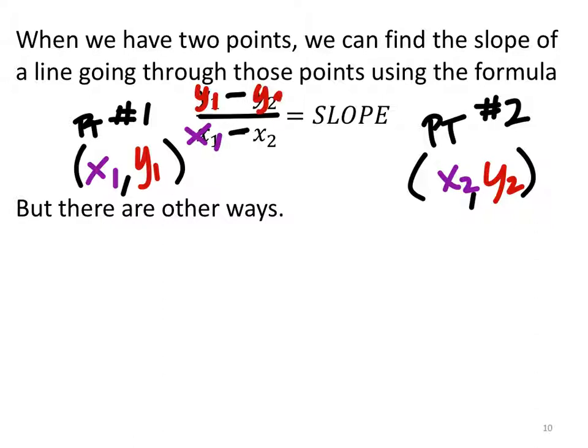So this would be y2 and x2, okay? So they have to be directly above and below each other. And the y values are always in the numerator because that's our vertical change, which again will tell us the slope or steepness of the line.